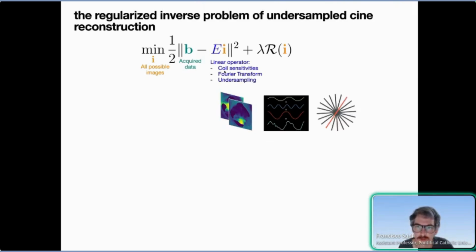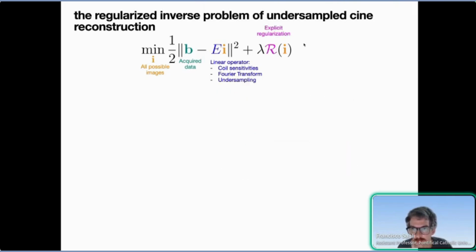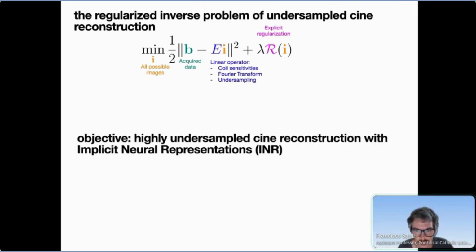Typically it involves the coil sensitivities, the Fourier transform, and then some undersampling pattern. But this problem is severely ill-posed, so we need to apply some explicit regularization to get a reasonable image.